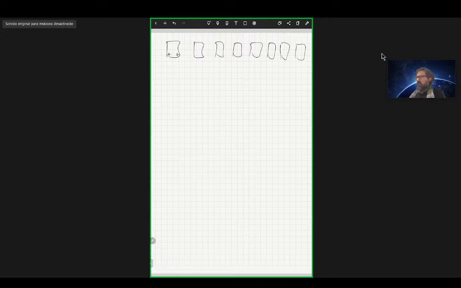So S at 1a is plus plus plus plus, P at 1a is minus minus minus minus, S at 1b is plus plus minus minus, P at 1b is minus minus plus plus, S at 1c is plus plus minus minus, P at 1c is minus minus plus plus, S at 1d is plus plus minus minus, P at 1d is minus minus plus plus. Okay, so these are the Brillouin zones. These are gamma, X, Y, and M.